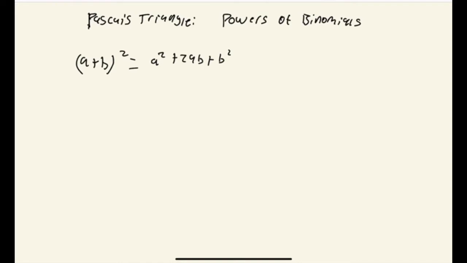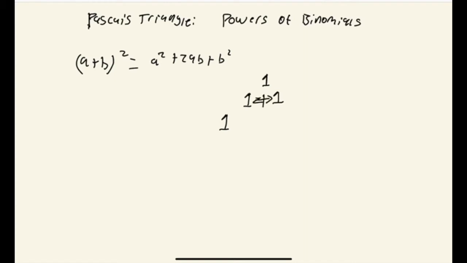So the Pascal triangle starts with a 1, okay, and in every line or row, however you want to call it, you always start with a 1 and end with a 1. So the second row will be 1 1 because you start with a 1 and end with a 1. The third row, you're going to again start with 1, and then you're going to add the terms that you have right here in the previous row.